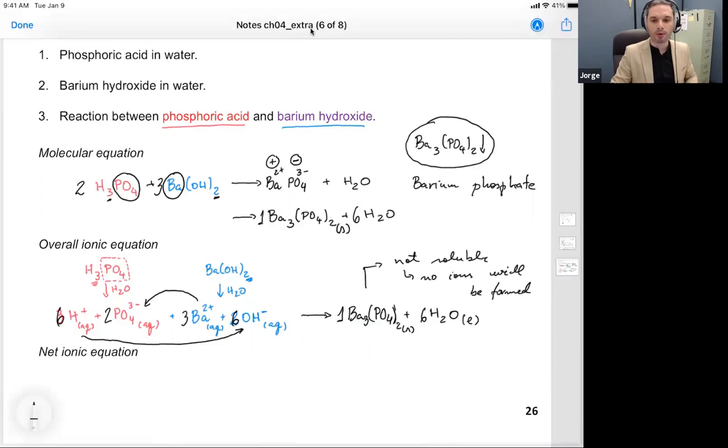If the compound is not soluble in water, no ions will be formed. So we will not find this salt as barium 2 plus phosphate 3 minus. The water is not strong enough to break the interaction between barium and phosphate. This compound will remain as a unit in water, and you have to represent it as a unit.